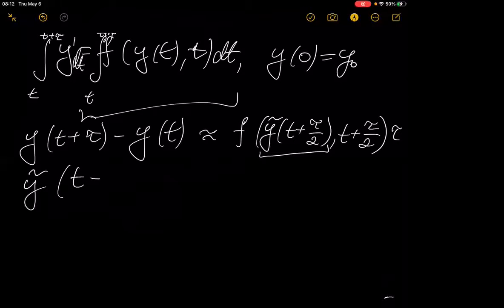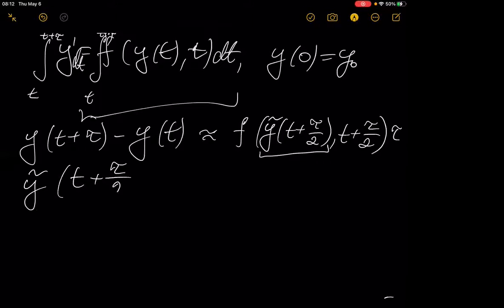we don't know the value of our solution at the point t plus tau divided by 2. So we use the following. We use just an approximation using Euler's method.